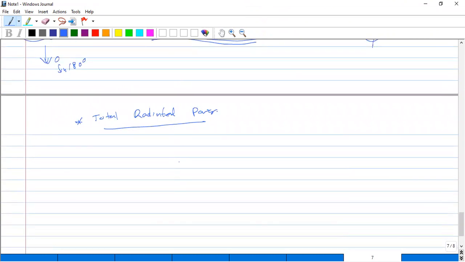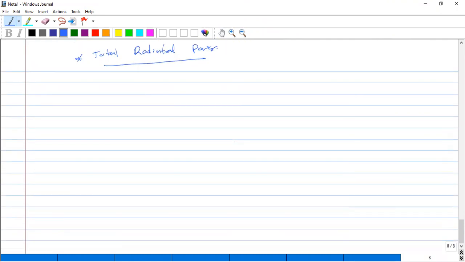Anyway, you can calculate the total radiated power also, and you can use this average power density. You know that. I will explain it.